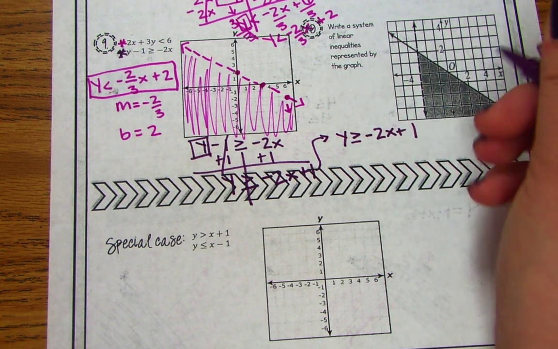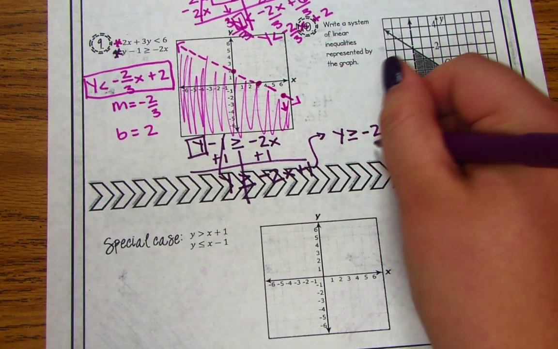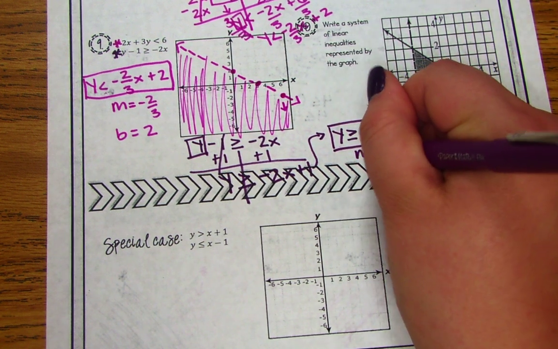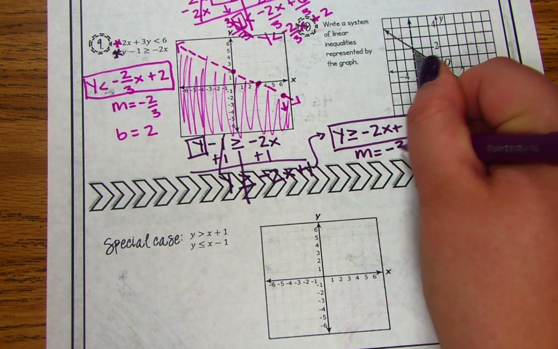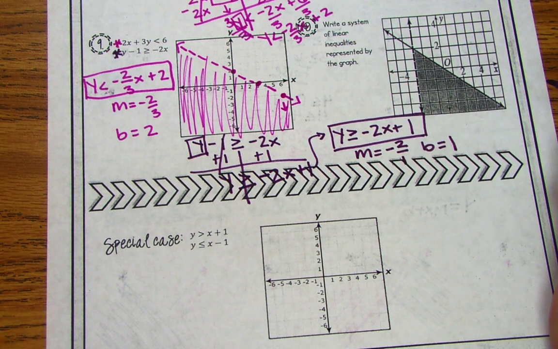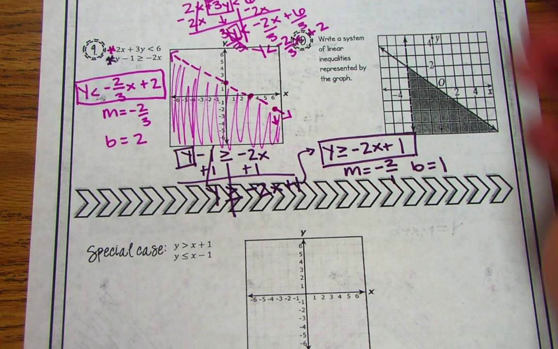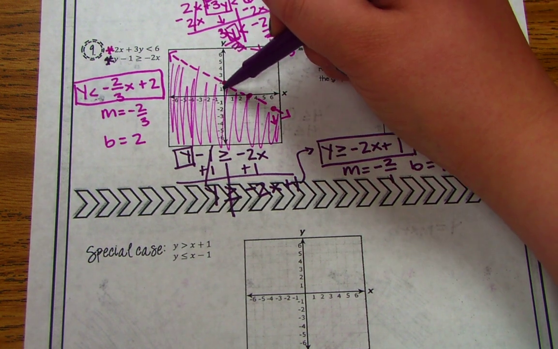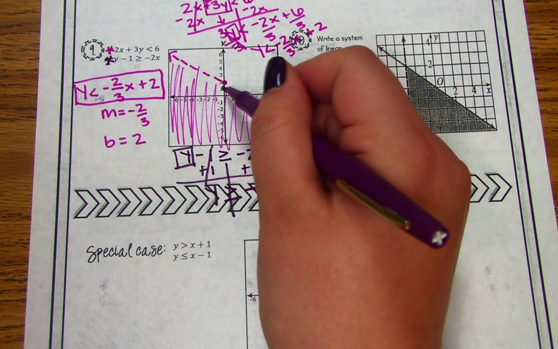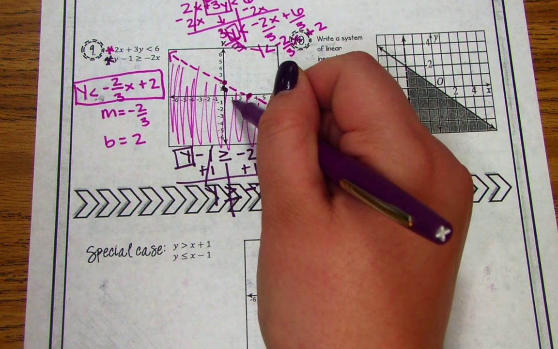We'll do the same thing. We'll come up with what our slope is and what our y-intercept is. So my slope is negative 2 over 1, and my y-intercept is 1. Okay, I'm going to plot a point at 1 on my y-intercept. Slope tells me to go down 2 and over 1.